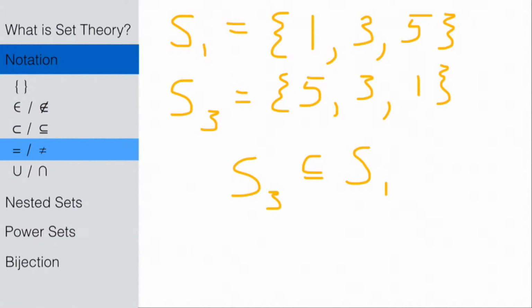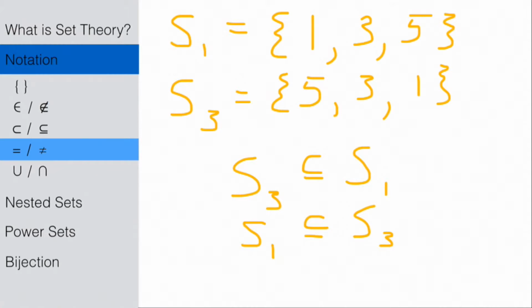So let's look at that last statement that we just had, where we said that S3 is a subset of S1. Now, this might seem a little weird to say because, well, we're dealing with two well-defined finite sets, and we can just look and see that they're equivalent. Because remember, we said that in set theory, order doesn't matter. So another thing that we can say, we can add another statement to this because, yes, S3 is a subset of S1, but also S1 is a subset of S3.